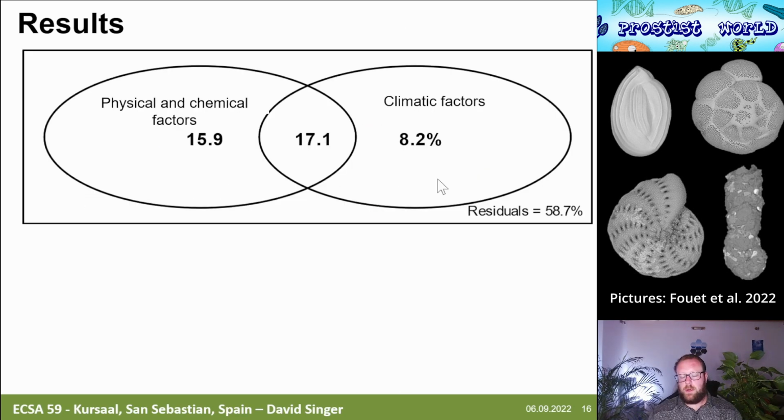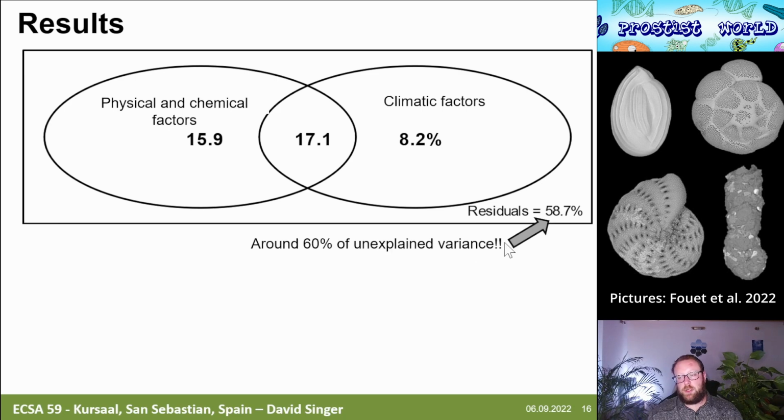If we go a step further in the analysis, we can do a variance partitioning, and as you can see here, the physical and chemical factors explain about 16% of the variance, and the climatic factor only 8.2% of the variance. So there is about 60% of unexplained variance.